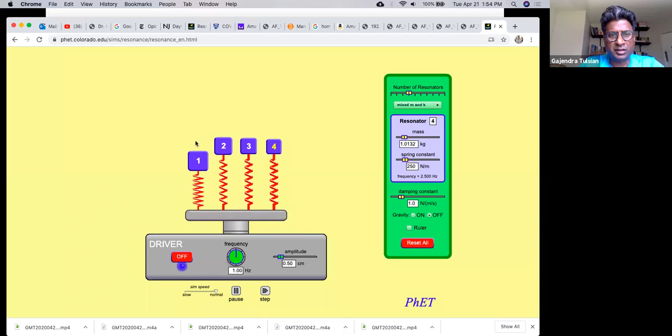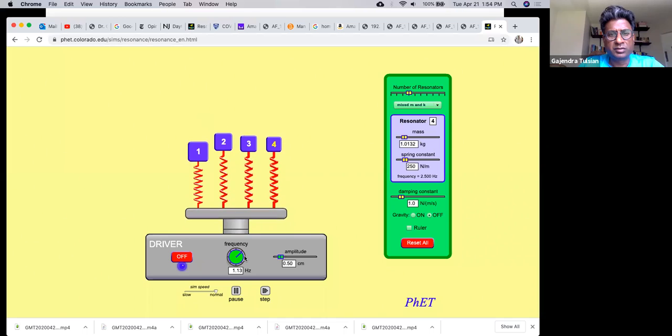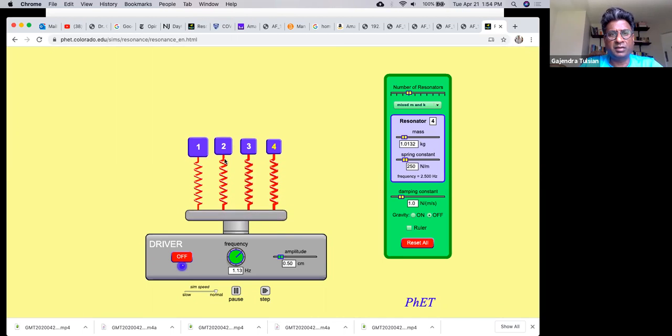And this guy is oscillating like crazy, and there's not much going on with these. I'm going to keep the driving amplitude the same. Now I'm going to increase the frequency. Now you see this frequency doesn't match any of these frequencies, and none of them are oscillating with crazy amplitudes.